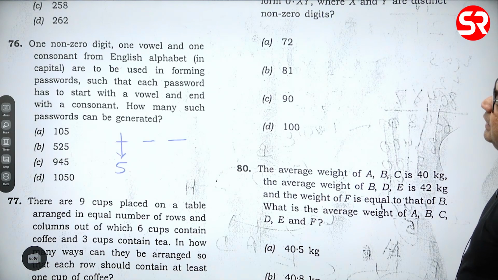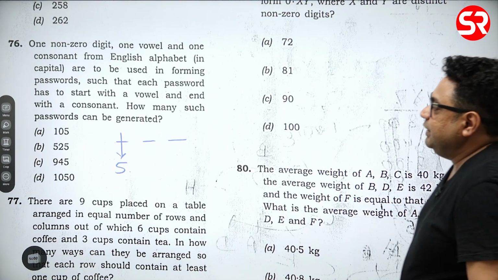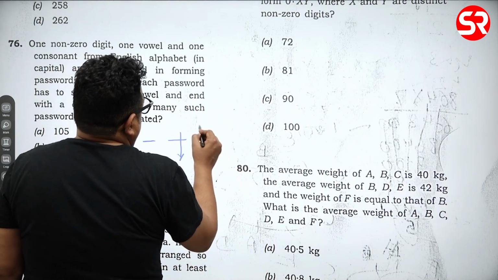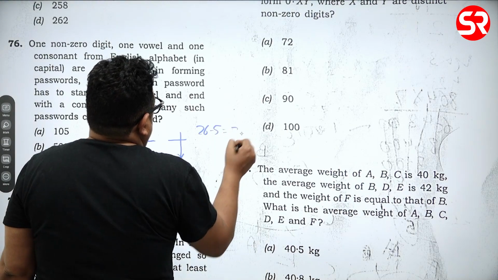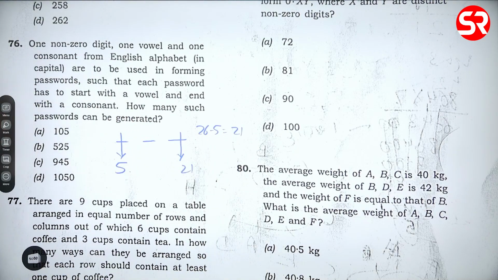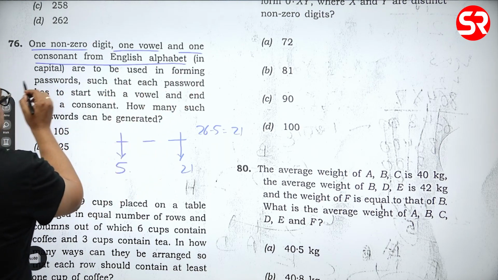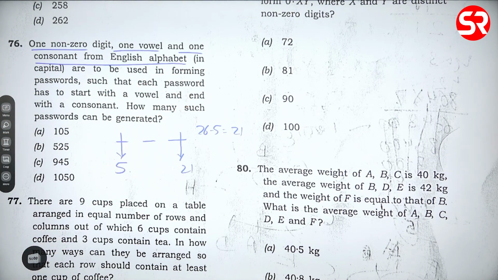Then he says such that each password has to start with vowel and end with consonant. And then he says it ends with consonant. So how many consonants are left? 26 minus 5. 21 consonants are left. So he says there is one non-zero digit, one vowel and one consonant from English alphabet in capital to be used in forming passwords such that each password has to start with a vowel and end with a consonant.